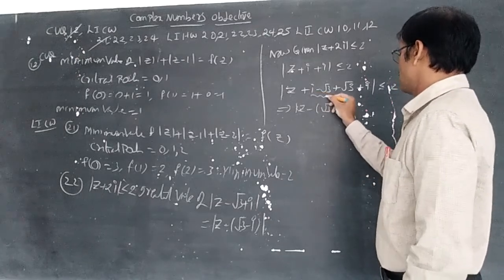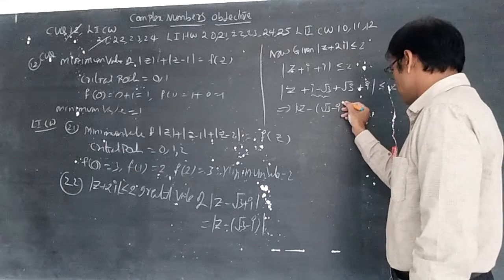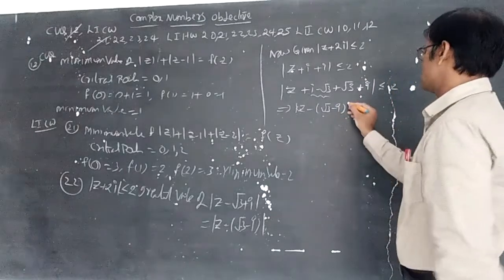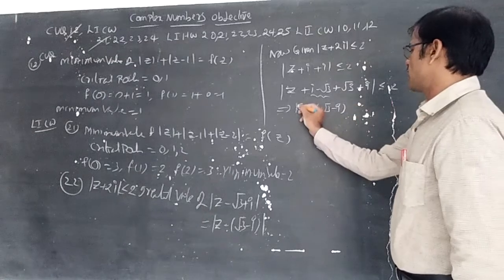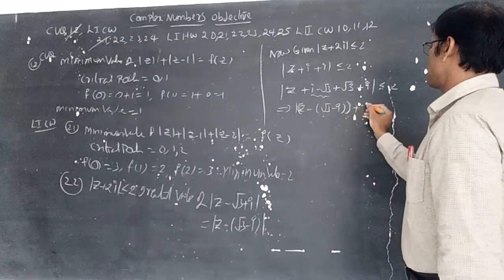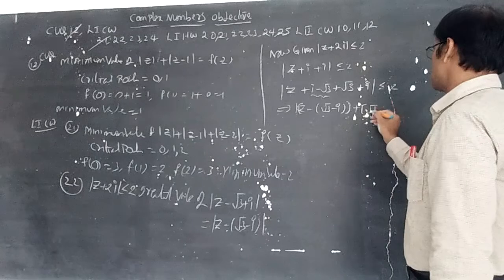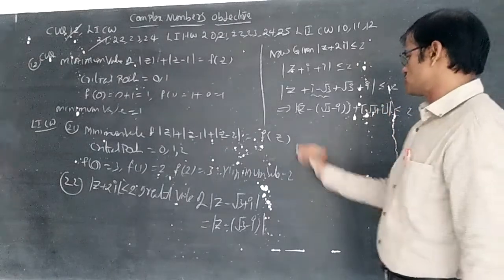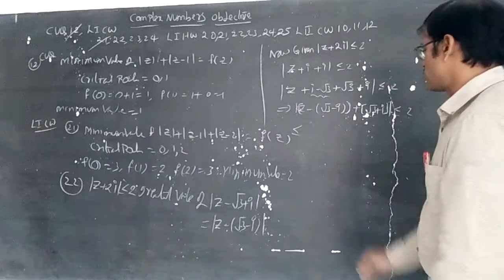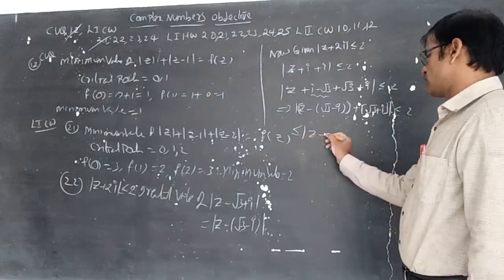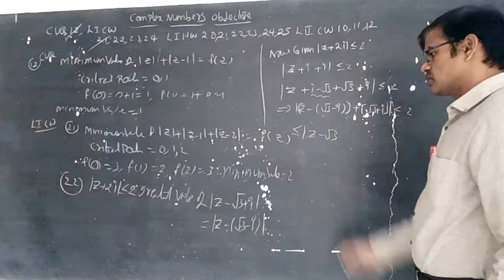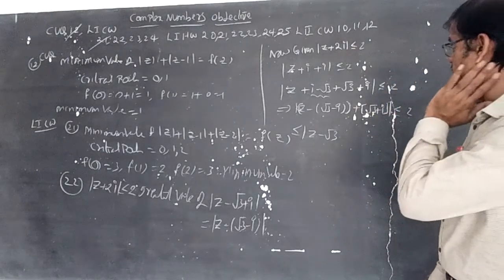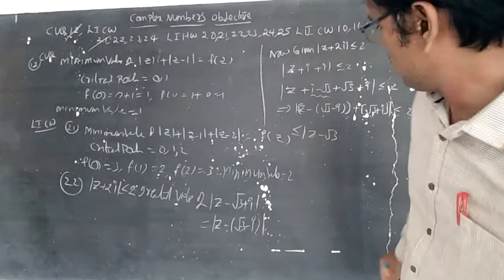So this one, minus of root 3 minus i, plus this separately written, with a bracket here and another bracket, plus root 3 plus i, over modulus less than or equal to 2. So this is according to the triangle inequality, modulus of z minus root 3 plus i. So we need to convert this one into the required value.